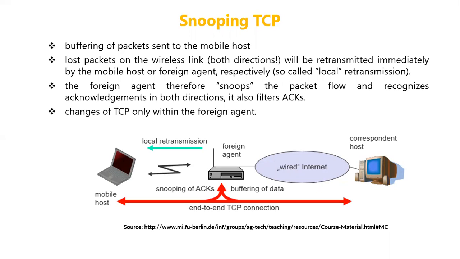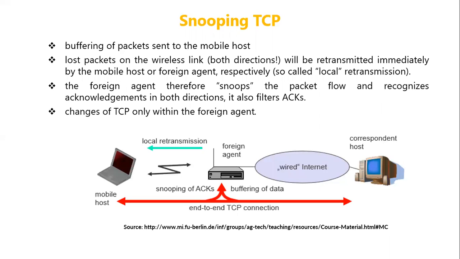So whenever there is a missing packet, it will send a negative acknowledgement to the mobile host. The mobile host can now retransmit the missing packet immediately, but reordering will be done at the correspondent host end. Okay, so this is how snooping TCP works.